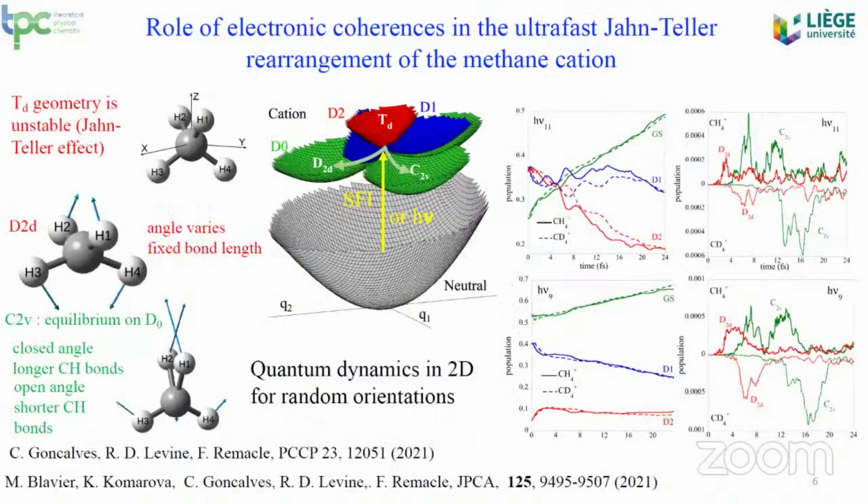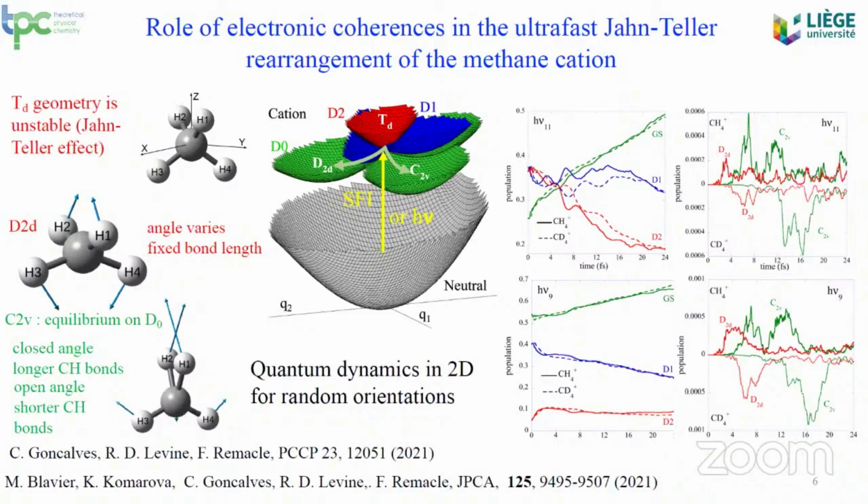I also wanted to come back to this recent work we did on the ultra-fast Jahn-Teller rearrangement in the methane cation. Here it's another effect of coherence. So as you probably all know, when you suddenly photoionize the neutral, you get to a point Td here that is unstable.